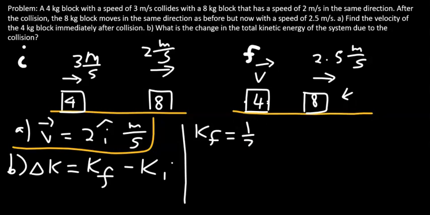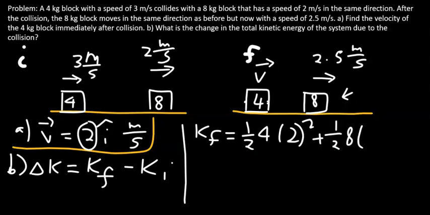So it is the kinetic energy of the 4 kg block, so half m times the square of speed. Now the speed of the 4 kg block after collision is 2 meters per second, so the square of that is 4. Now the 8 kg block similarly is half, the mass is 8, the speed is 2.5, so square that.